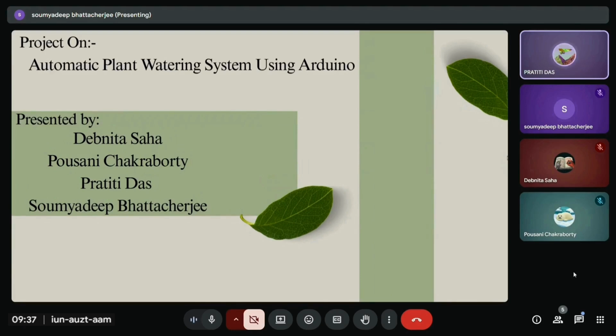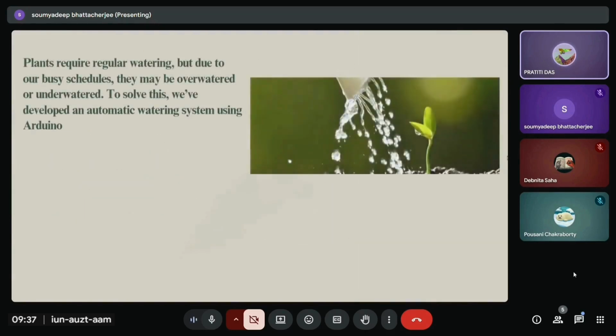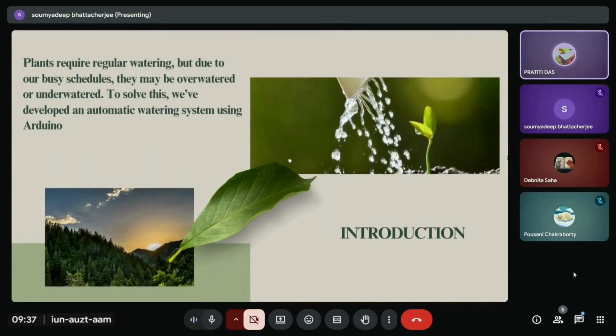Before diving into the technical aspects, it is important to recognize the real world issue that the project aims to address. In today's fast paced lifestyle, many individuals enjoy maintaining indoor plants or small gardens but often struggle to water them consistently. Irregular watering, whether overwatering or underwatering, leads to serious consequences such as root rot, fungal growth, or dehydration of the plants.